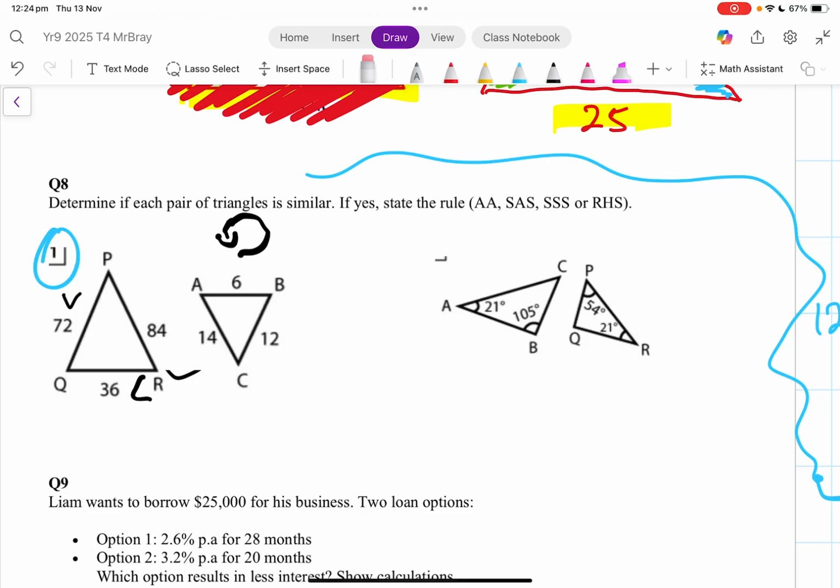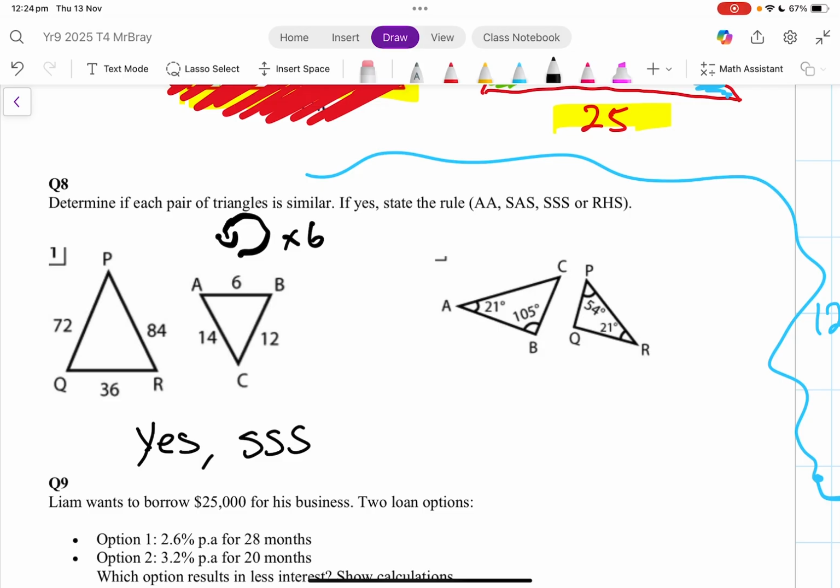They all have the same scale factor of times 6. So yes, all 3 sides are in the same ratio, same scale factor. So yes, and it is true by side, side, side. And that's all I'd have to say.